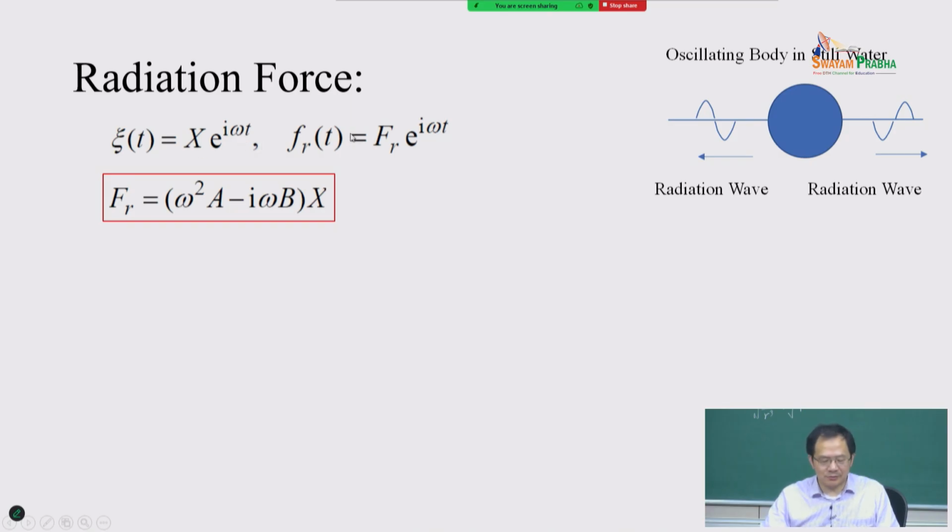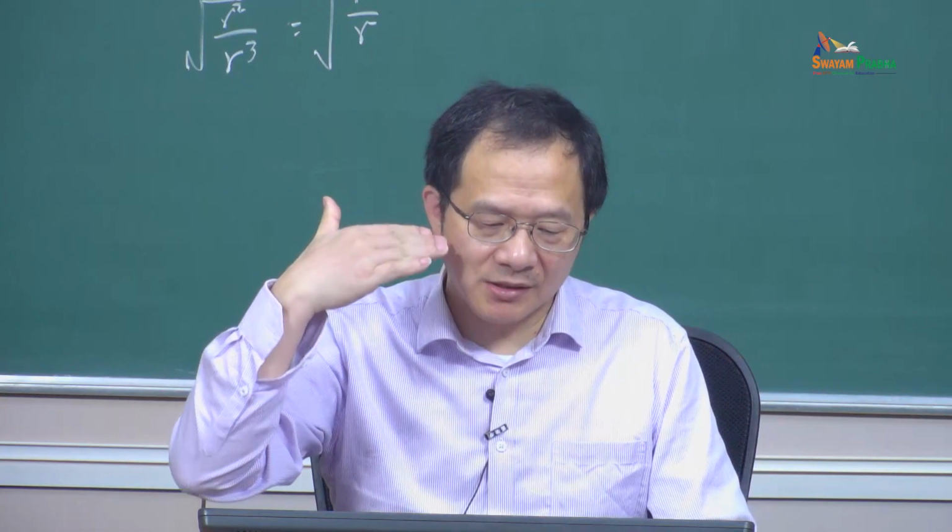Now we assume the radiation force takes the complex number times e^{jωt}. That is x, the real amplitude. This F_r is a complex number. A complex number means there are phases in the system. That means the force may not be exactly in phase with the wave motion.